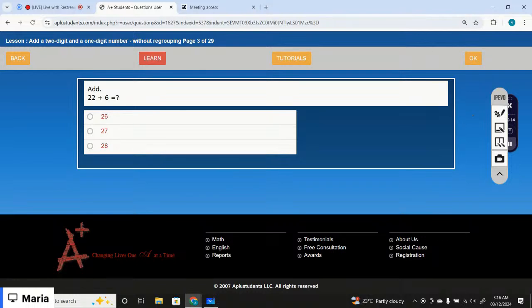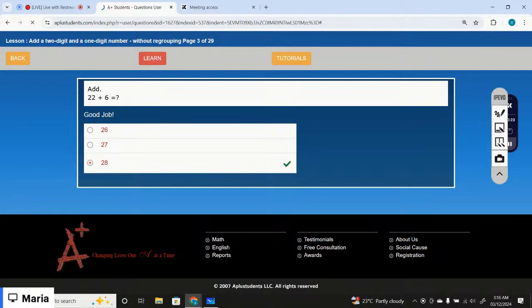That is 28. Start with 22 and count up to 6. So that makes 28. Option number 3 is the correct option.